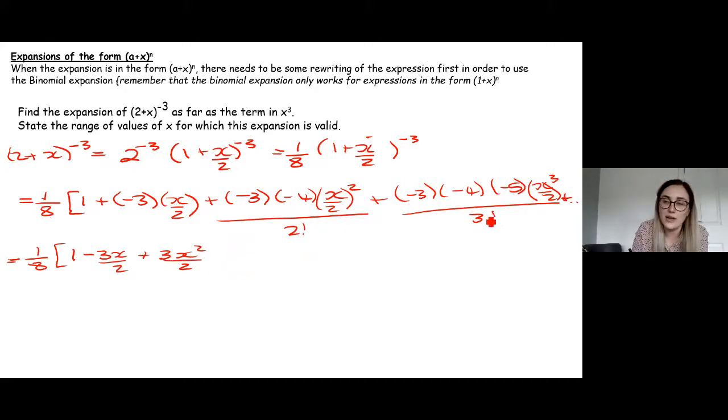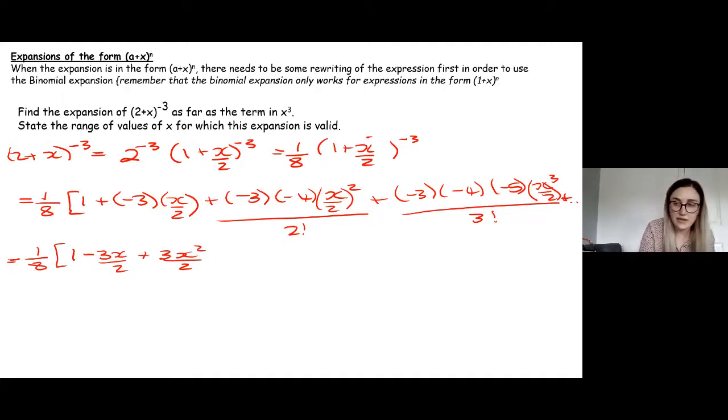And then we've got 3 factorial. So we've got minus 3 times minus 4 is 12. 12 times 5 is going to give me 60. And then we're going to have 8 here. So we could just type this in our calculator. So 3 times 4 times 5 is 60.